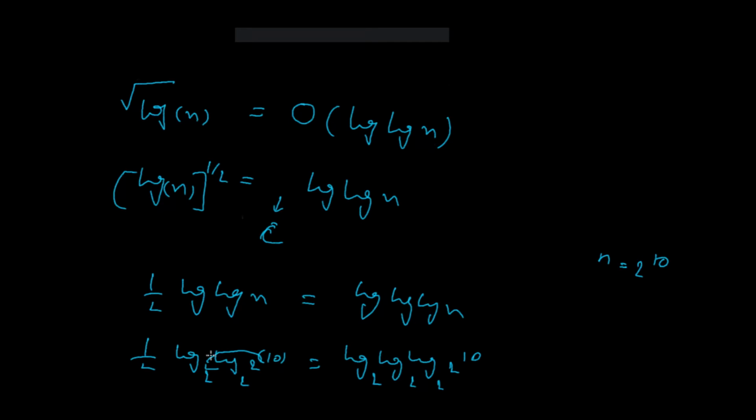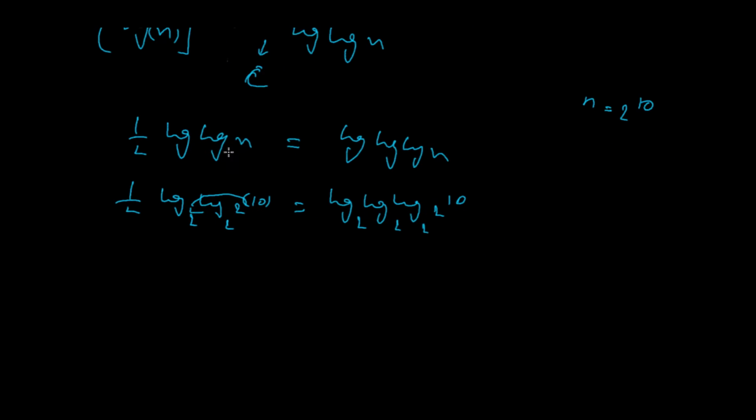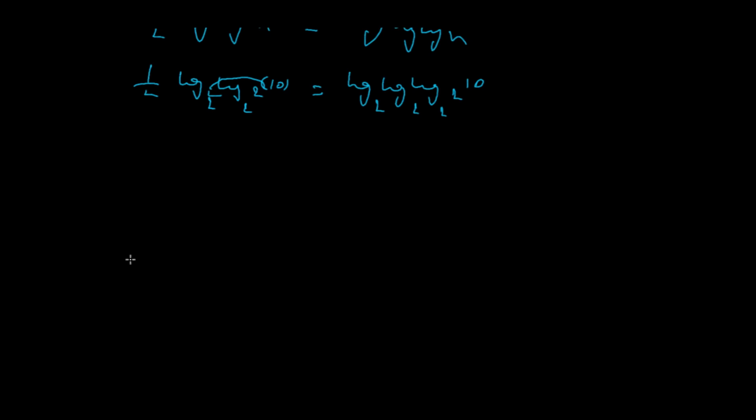So let's move along. One by 2 log 2 to the power 10 equals, here it will be just log 10. So look at this one, log 10 base 2 and 1 by 2.